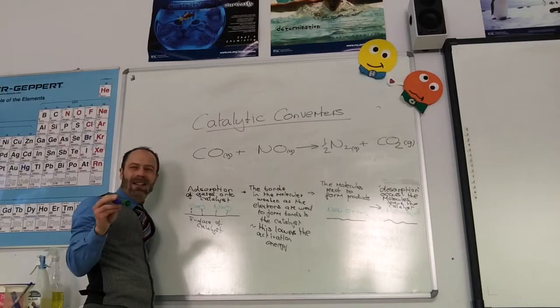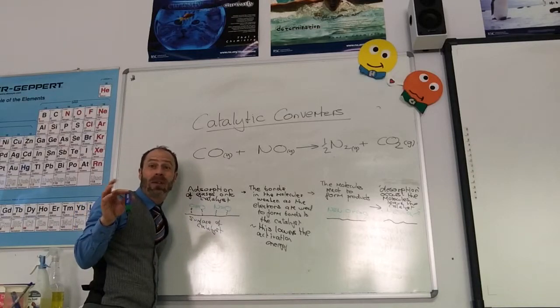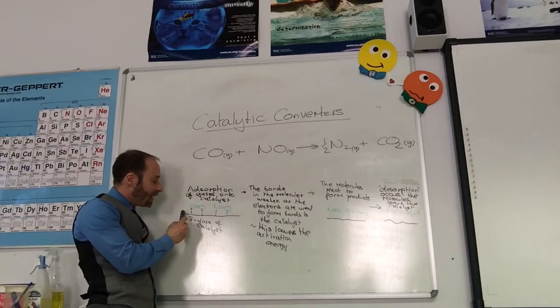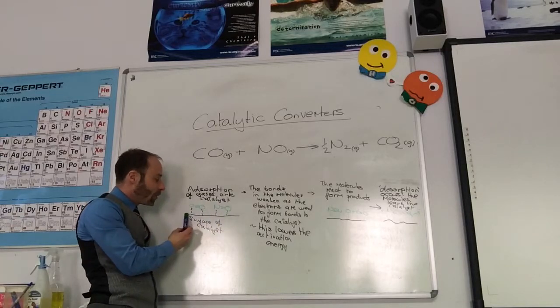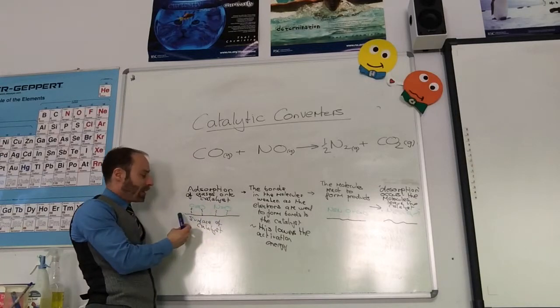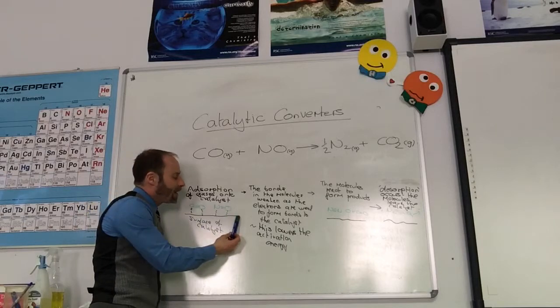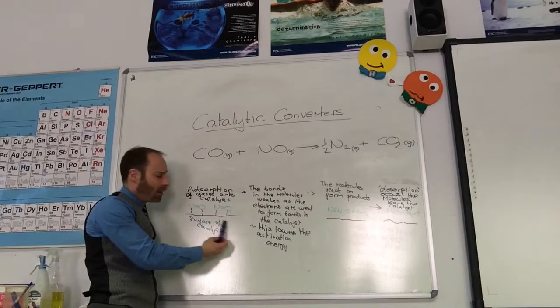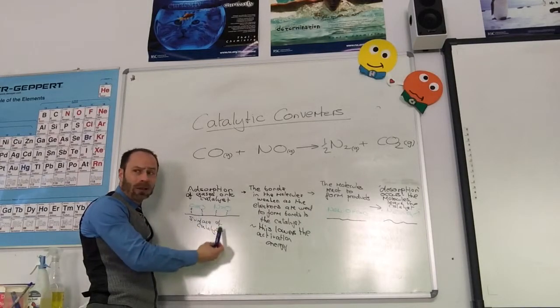So we looked at catalysts when we did rate of reaction, and we said it's like this guy who comes along at a party and helps people meet each other, yeah? So you could think of this as being like, if you ever did go into a pub, where you have a bar, yeah? This is like the bar, and this is like the barman here, okay?